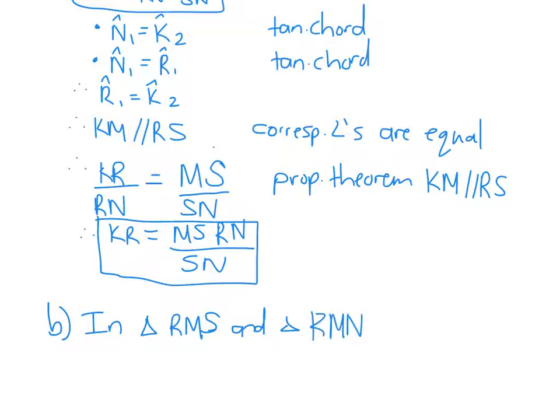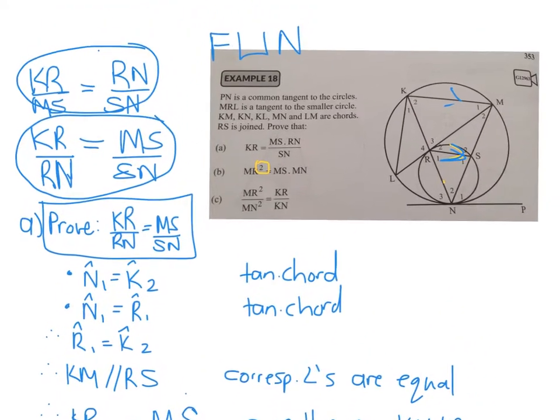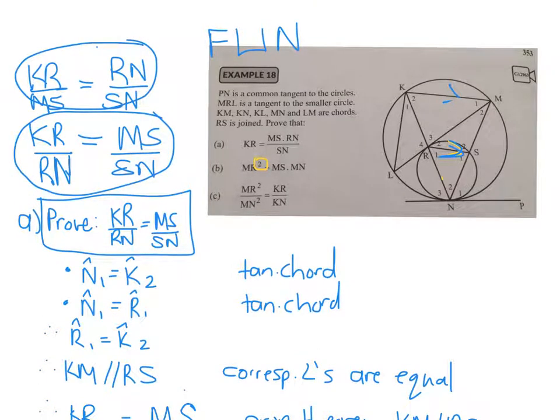So let's have a look at RMS and RMN. Let's have a look if we can find angles equal to each other. I'm going to do them here in yellow.